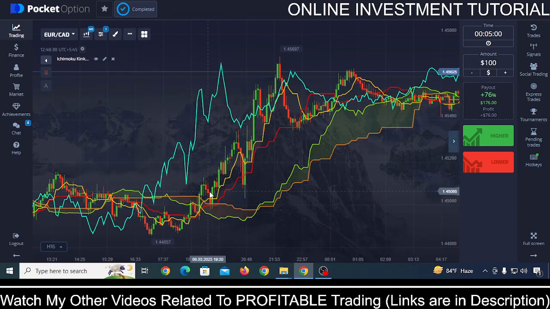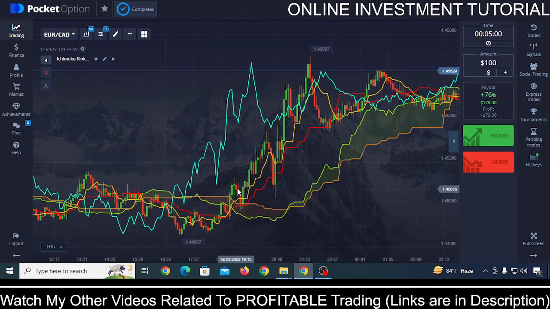It is showing that this line is far from the current price, right? And it is showing a strong uptrend, and the market is above this cloud. So now whenever this red and yellow line come together, then you can start to make a trade by clicking on higher or buy, or you can wait a little bit, and then whenever this yellow and red line start to separate from each other, you can make a trade by clicking on higher or buy at that point.